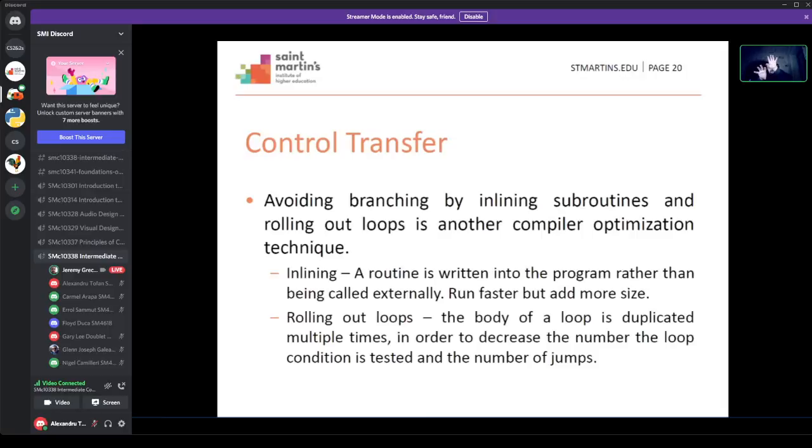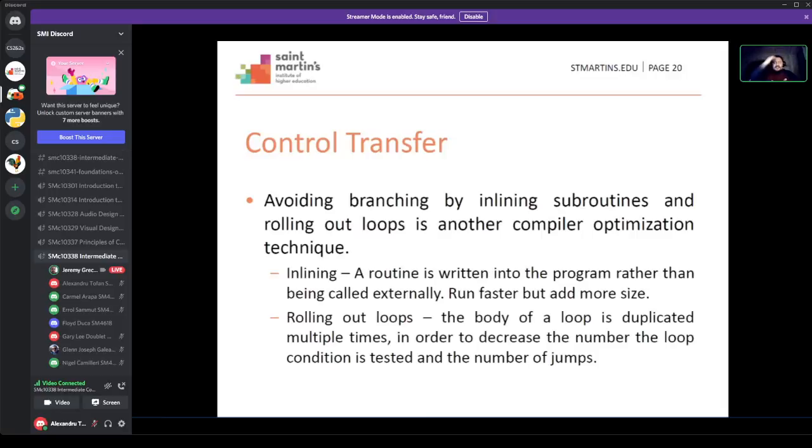You say, all right, I'm going to take these instructions which exist down here, and I'm going to place them right in line where I actually need them to continue, so that my instructions are followed one after the other, essentially.